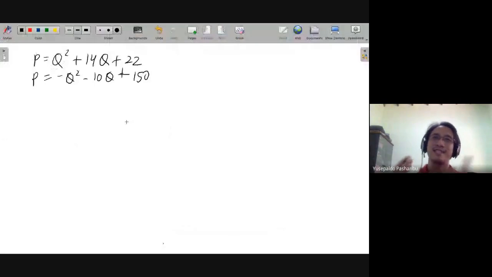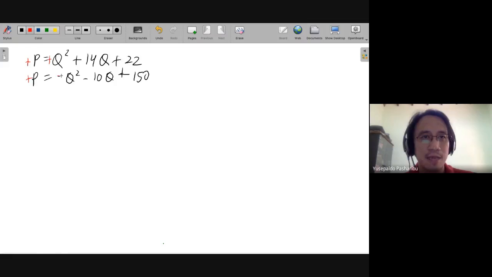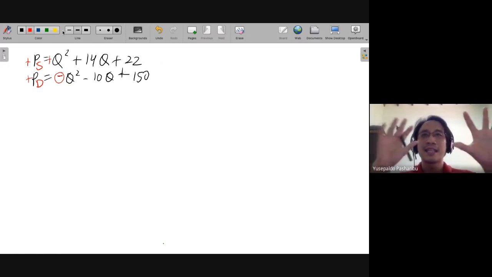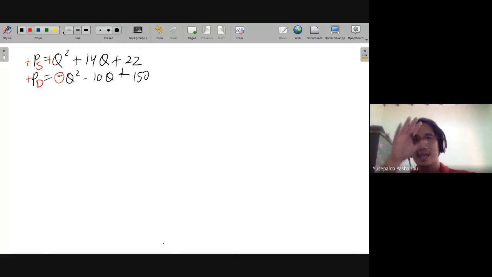Actually, without that sign, we can decide which one is the demand function and which one is the supply function. Check the sign of P and Q squared. This one is plus and plus, this one is plus, and this one is minus. So this must be supply, and this one must be demand. P and Q must be on different sides of the equals sign, the right side and left side, and then check the sign.